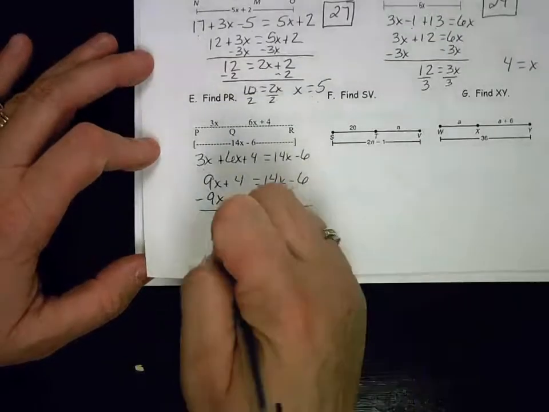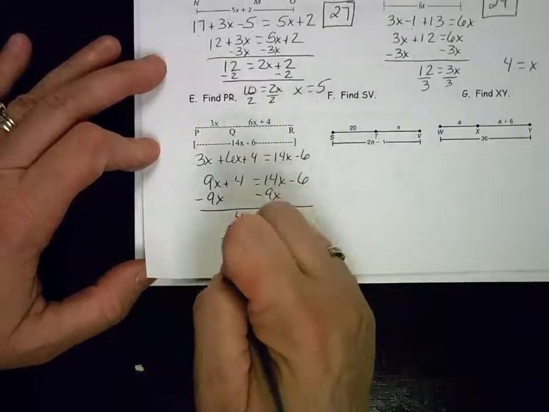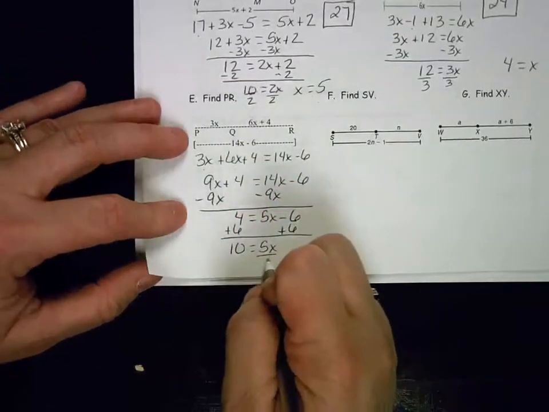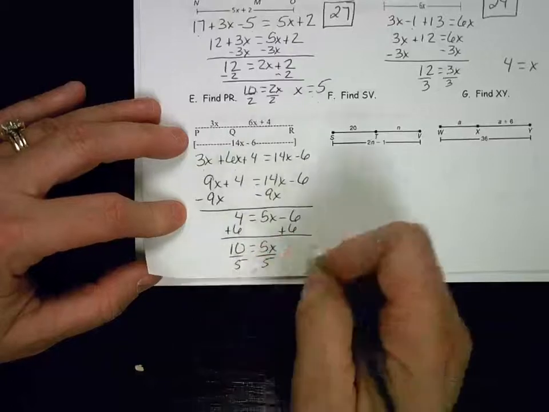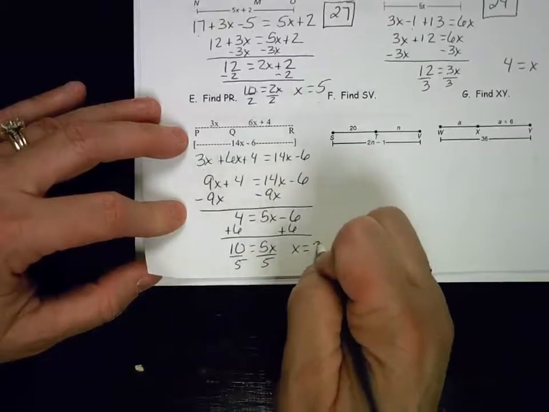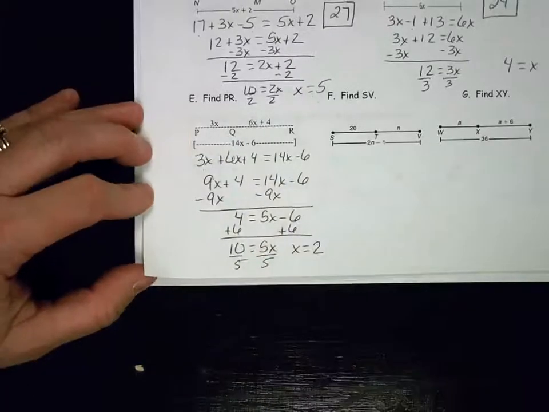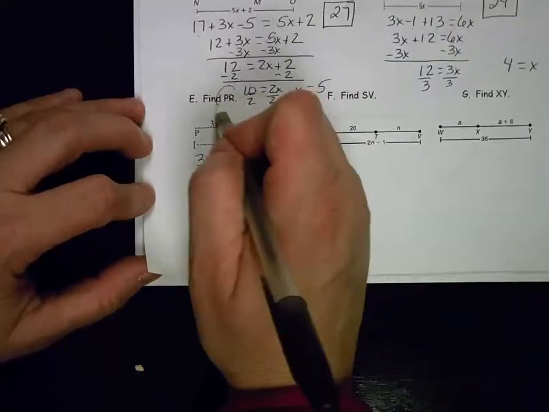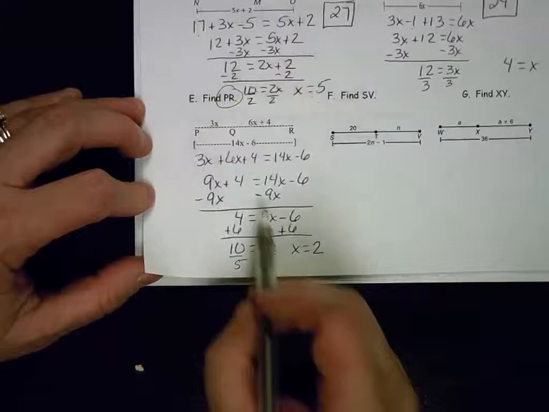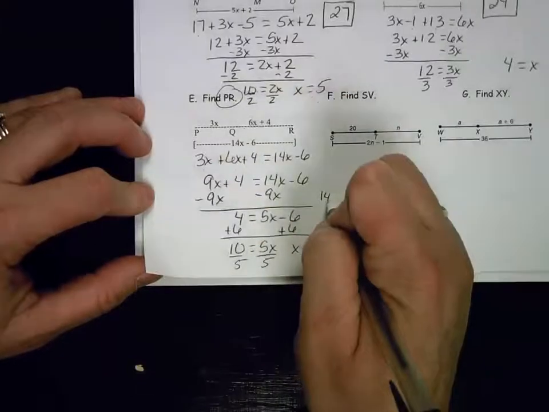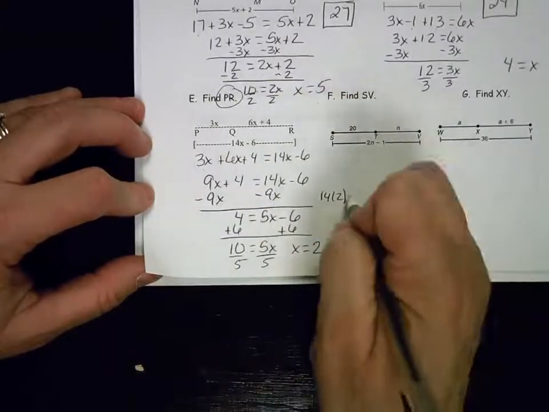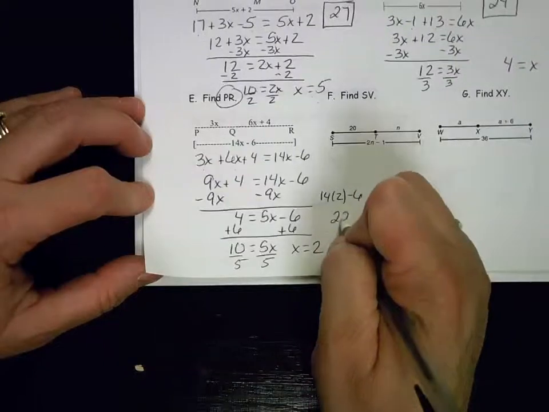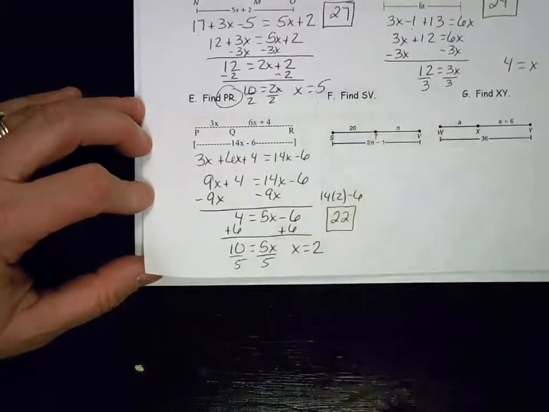Adding 6 to both sides, you have 10 equals 5x, and x equals 2. You were asked to find PR, which is the whole distance. 14 times 2 is 28. Minus 6 is 22.